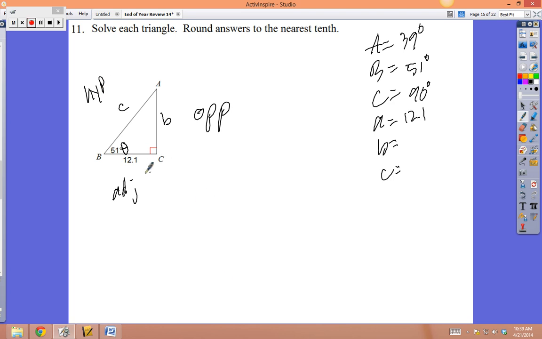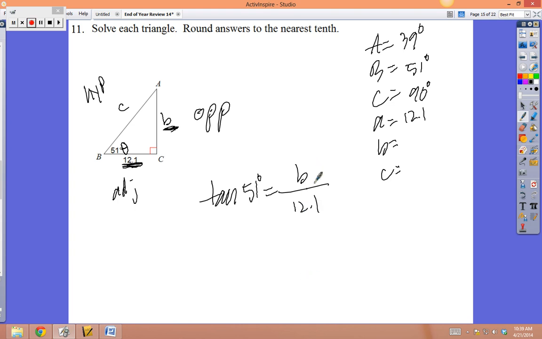Now let's set up a fraction, but let's use 12.1 because I know what it is. I don't know c or b, so it doesn't matter which one I use. If I go 12.1 with b, I need to use the adjacent with the opposite, so it's got to be tangent. So the tangent of 51 degrees equals the opposite over the adjacent, 12.1.